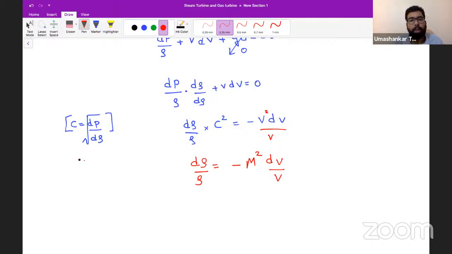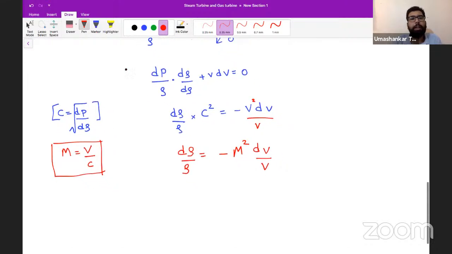What we have done now is use the value of the velocity of sound, using the relation we developed in the previous lecture about Mach number. Mach number is nothing but v upon c. So here we have developed a relation between density and velocity.